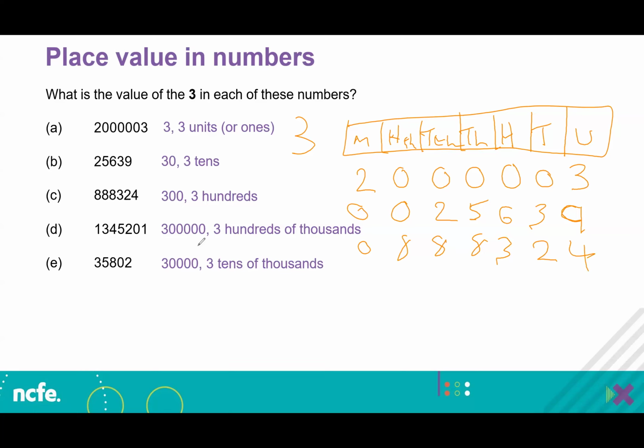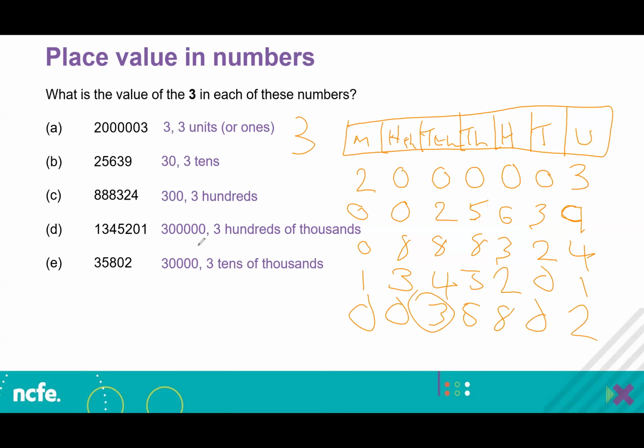So the fourth one, it would be 1,300,000, 40,000, 5,000, 200, 10, and 1 unit. So it would be 300,000 here. And the last one, 100,000, 30,000, 5,800, 10, and 2 units.